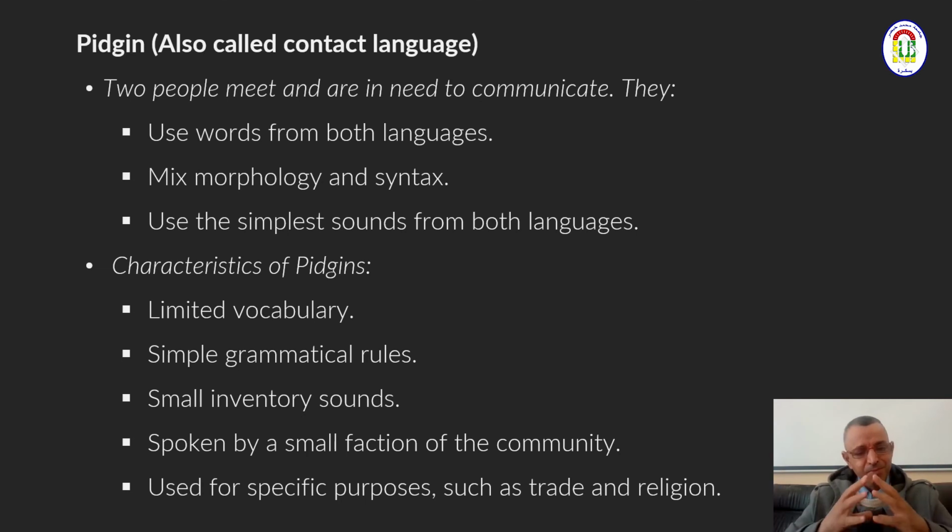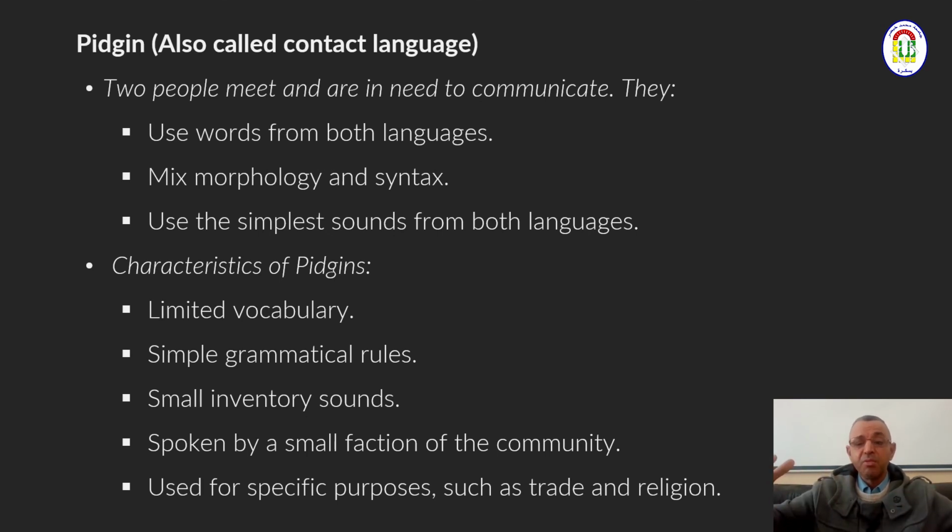That's why many contact languages that we call pidgins faded away and died. However, some pidgins were continually used, grew, and were transmitted by people to other people in the location where they were created.